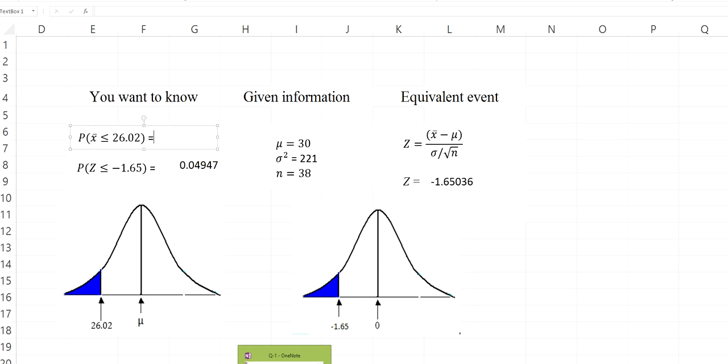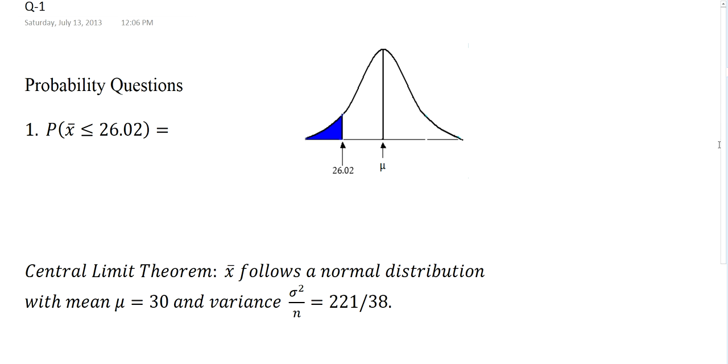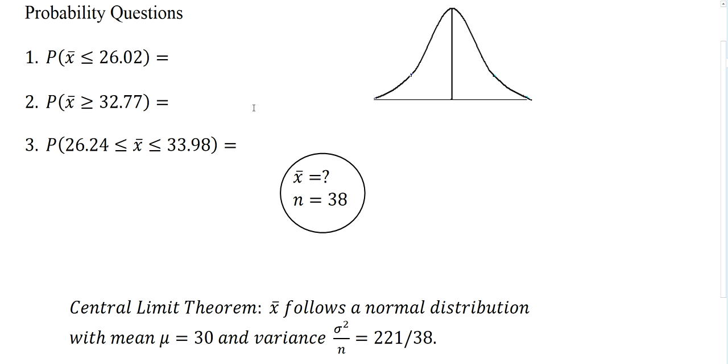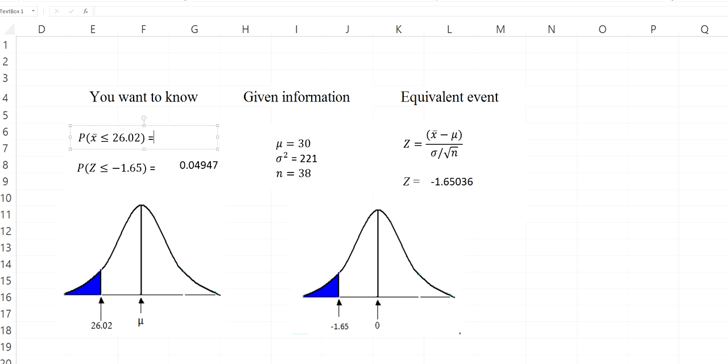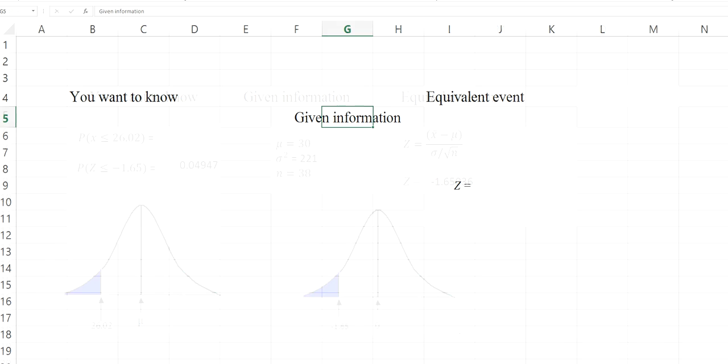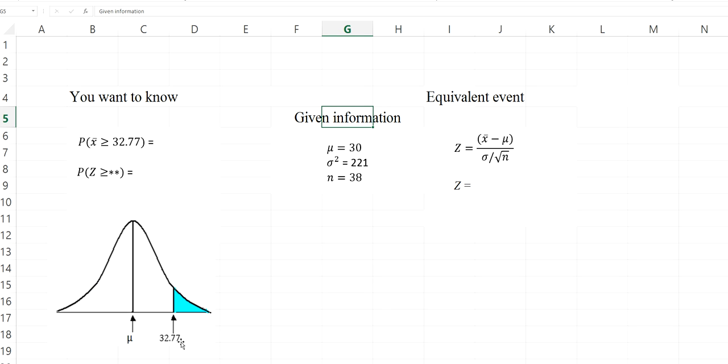Okay? So what about the next question? The next question is X bar is greater than 32.77. We can follow the same two-step process.